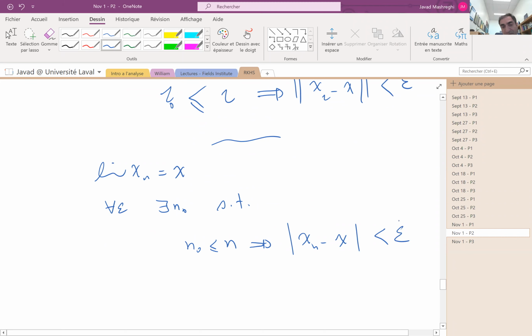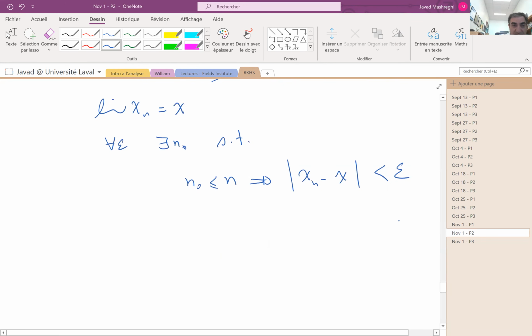The indices for which this is not true are a finite number of indices, at most from 1 up to n0 minus 1. These are the indices which are not taken care of. For the rest, it's true.